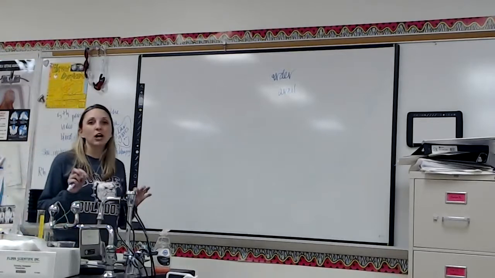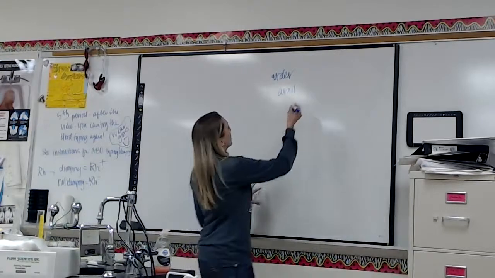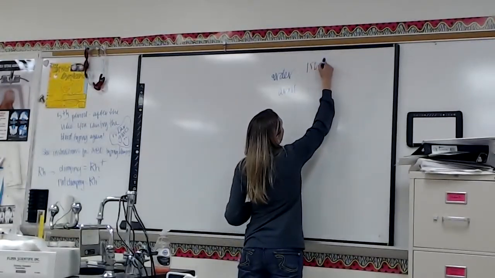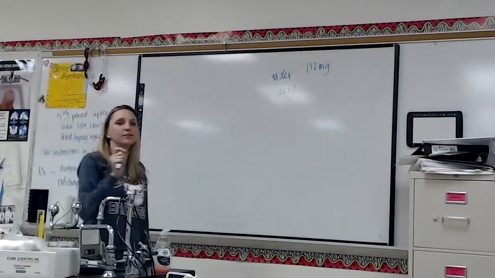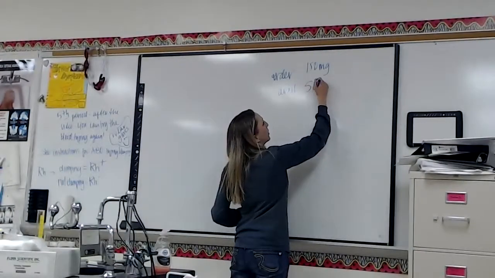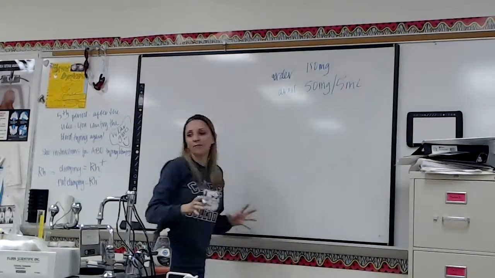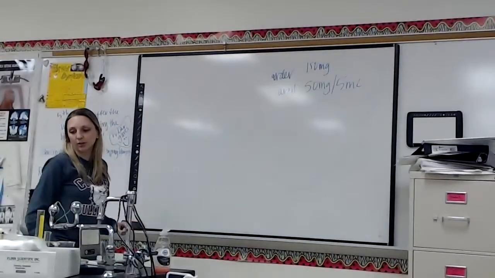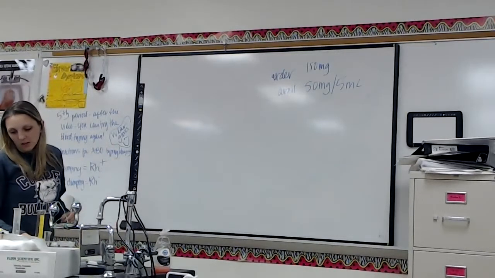So the initial dose is 150 milligrams right now. That's our order, 150 milligrams. What we have available, look on the packaging, it says there's 50 milligrams per 5 milliliters. So in every 5 milliliters of this medicine, there's 50 milligrams of the active part of it. All right, so 150 milligrams now.